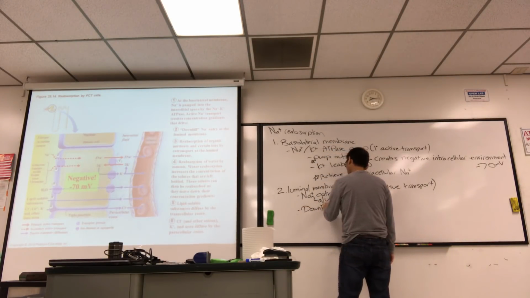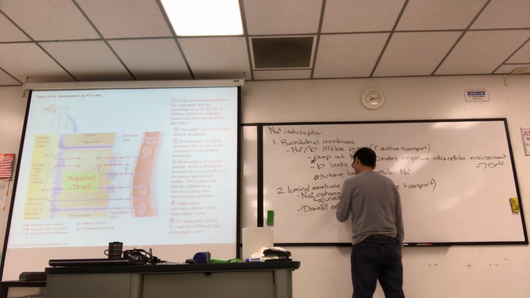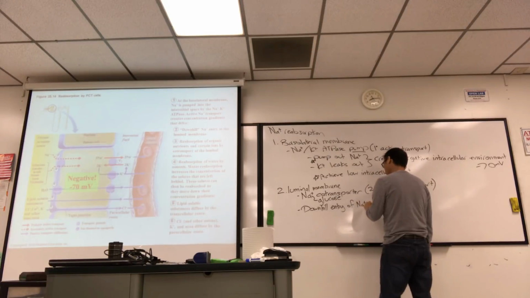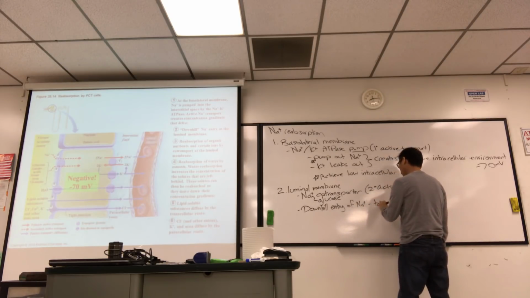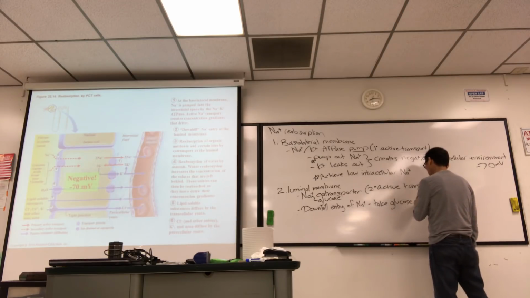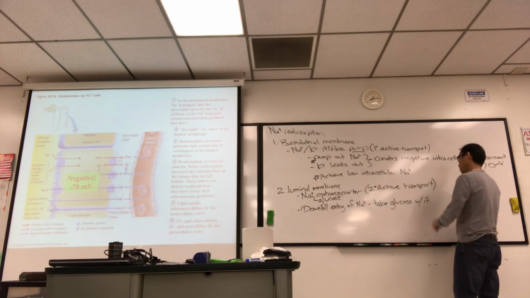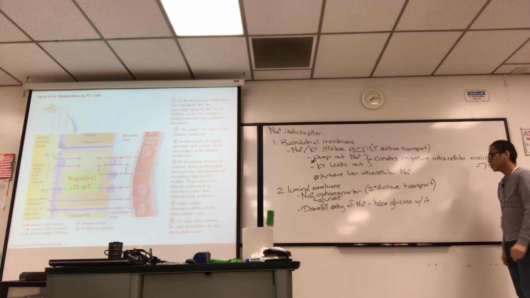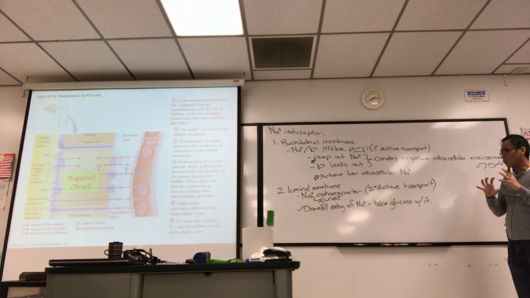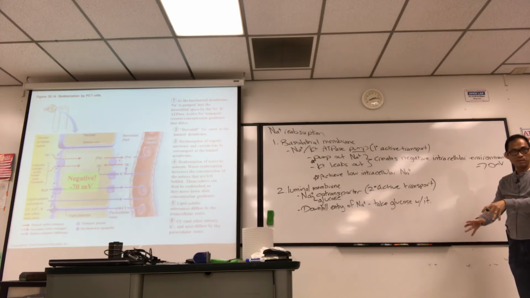So that's what I'm writing. Downhill entry of sodium. For example, take glucose with it. It gets a piggyback ride. It's like a wave of sodium entering the cell, and other molecules get to go with it, free of charge.